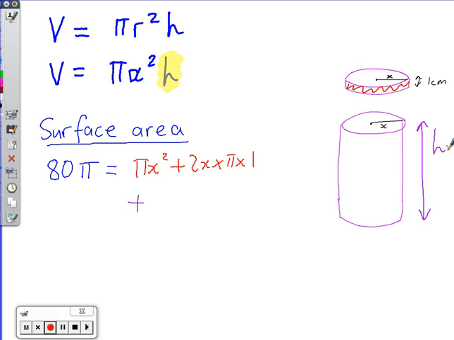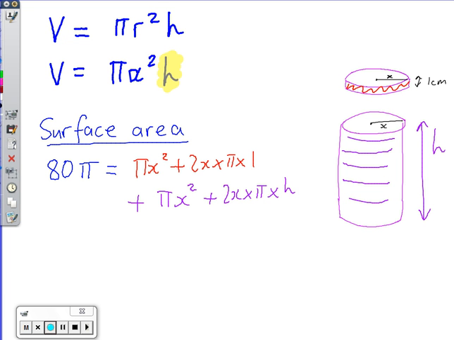This tin itself has got another circle at the bottom, which has got no top bit because you need to be able to put the biscuits in and take them out, and then you've got this curved bit, which is actually a rectangle if you undid it, which is again the diameter times pi times the height this time. So we've got an equation there, and we can rearrange that equation to find h.